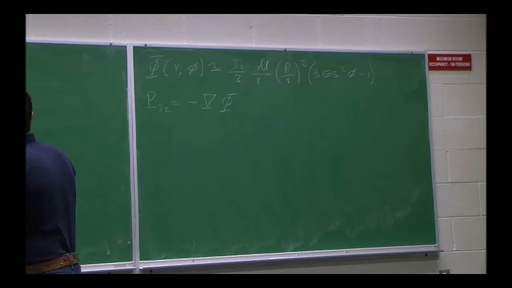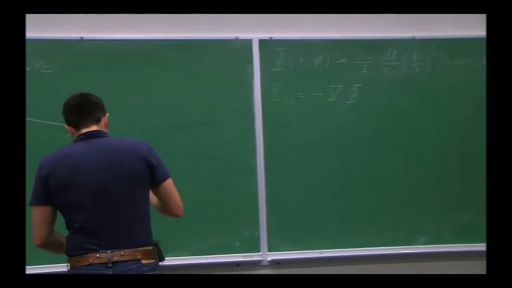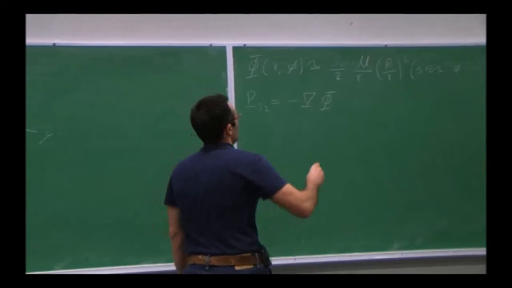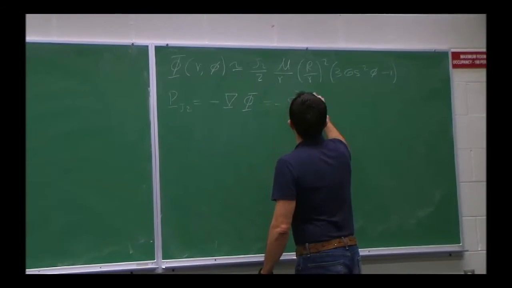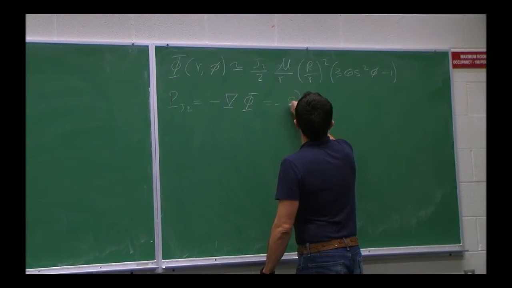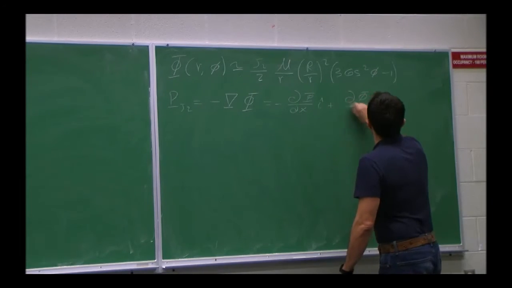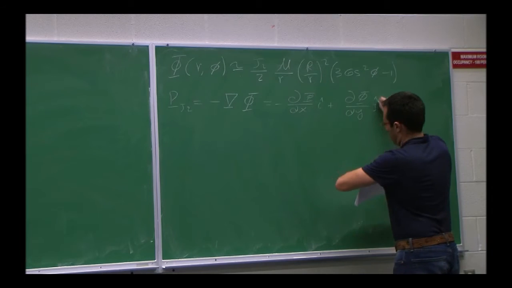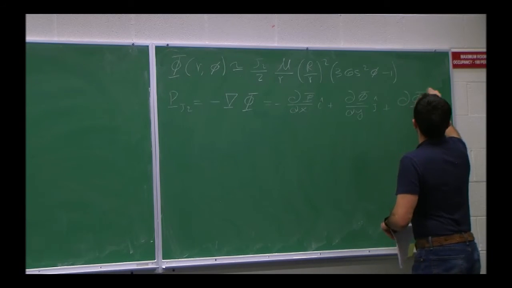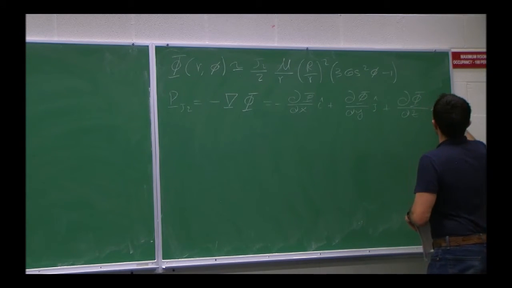And now the fun begins. Because, how do you do that? This will have to be the partial of capital phi with respect to x, i, plus the partial of phi with respect to y, j, plus the partial of phi with respect to z, k.